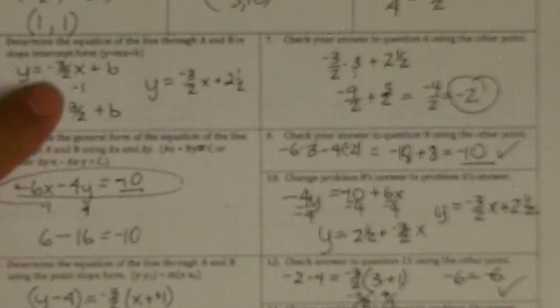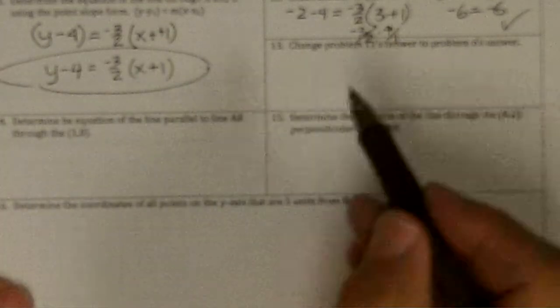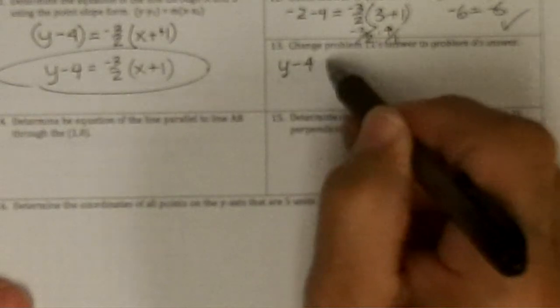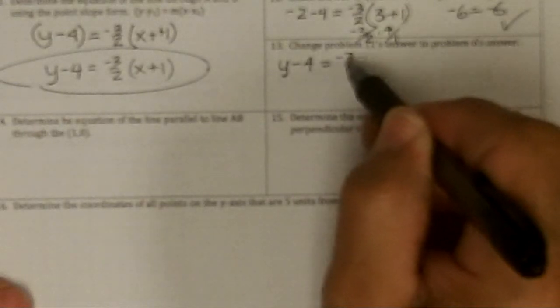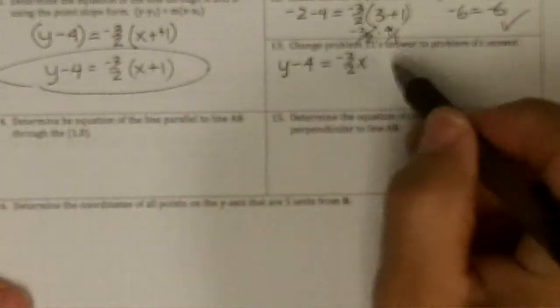Now we should be able to change this to look like this one by solving for y. Well, the only thing we have to do is add 4 to the other side, but also distribute here. So I'll distribute first. y minus 4 equals negative 3 halves times the x, and also times the 1.